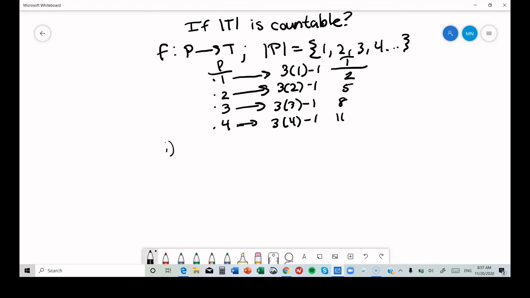We have to prove it's injective, sorry for my writing, and surjective. So I'm just going to write down very quickly the injective and surjective parts. If you guys would just like to see it or pause the video, you can.